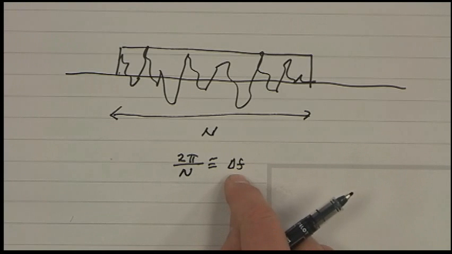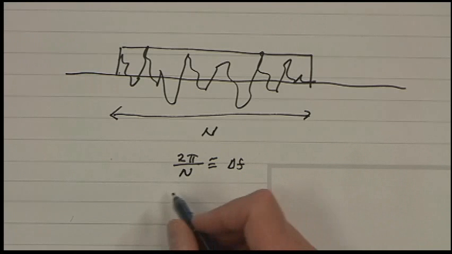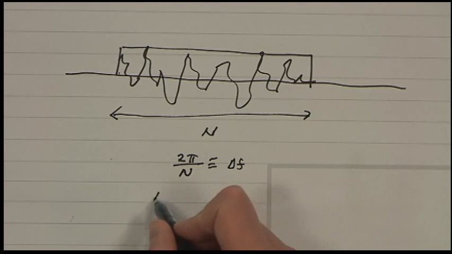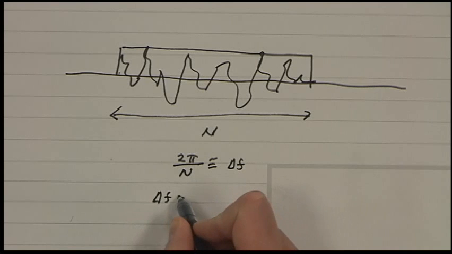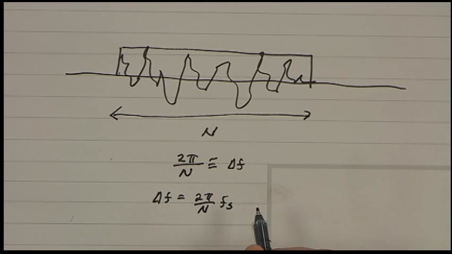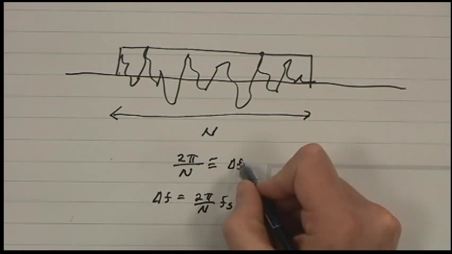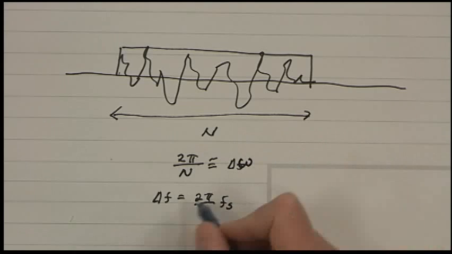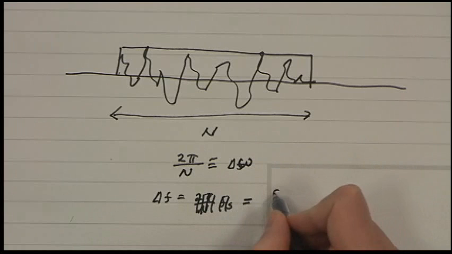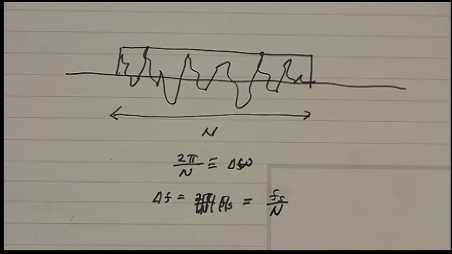If there's a sampling frequency involved, if you sampled the signal at f sub s, then the resolution would be 2 pi over n times f sub s. Hold on, this would actually be delta omega. Let me redo this. This is going to be f sub s over n.